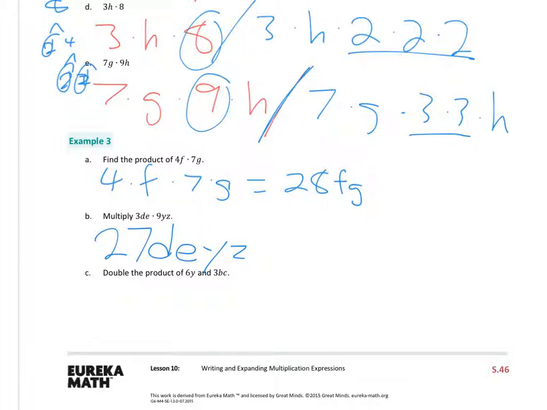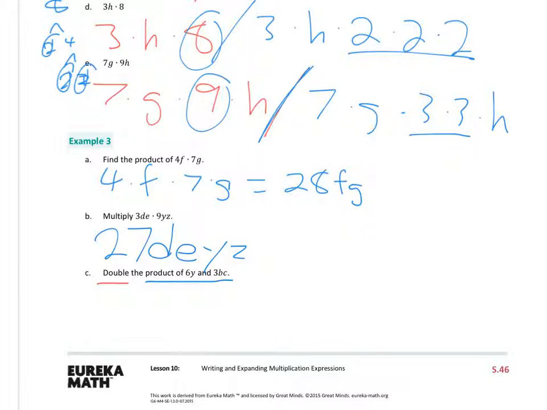And this last one's a little bit more tricky because it says double the product of 6y and 3bc. So we actually have to figure out what the product of 6y and 3bc is, but it wants us to double that. Well, I could write that as an expression first.